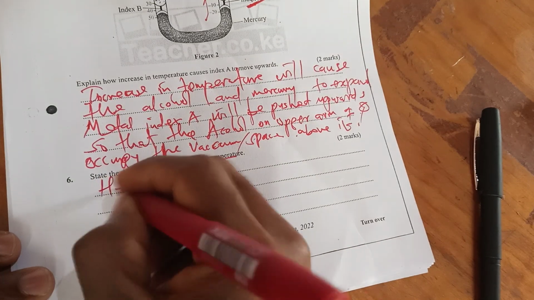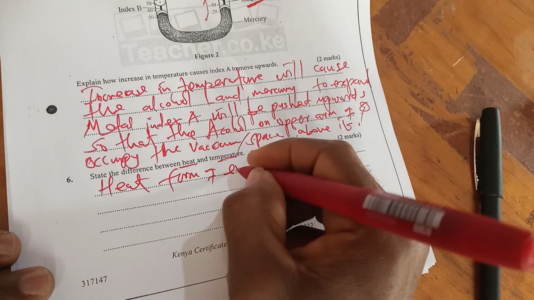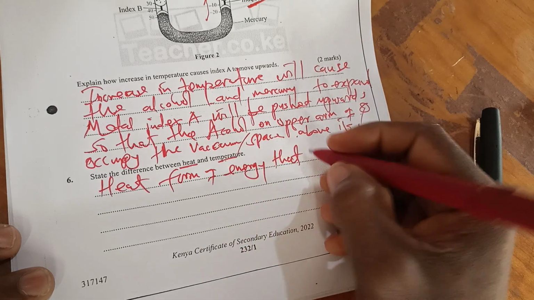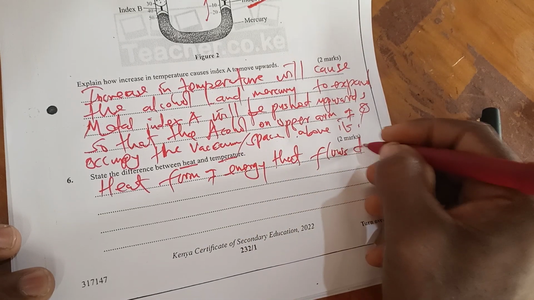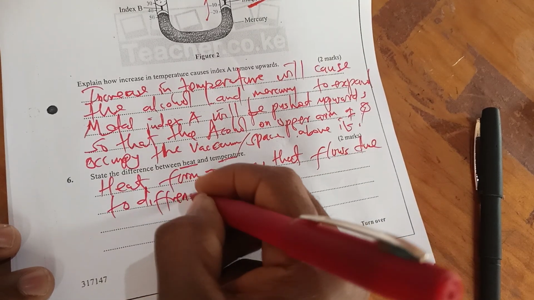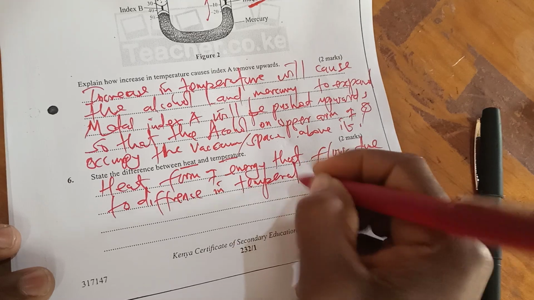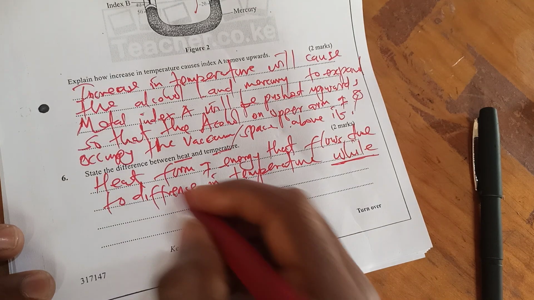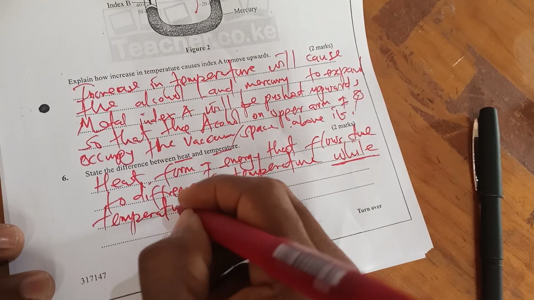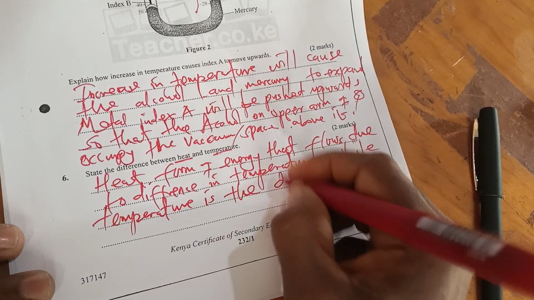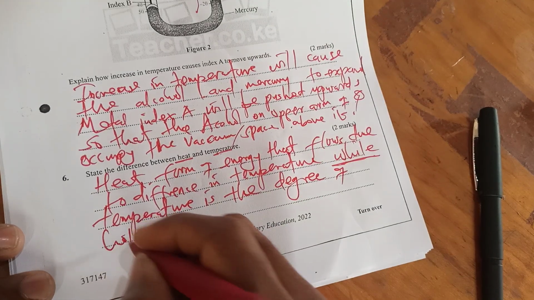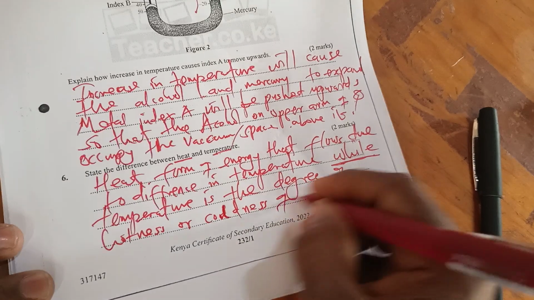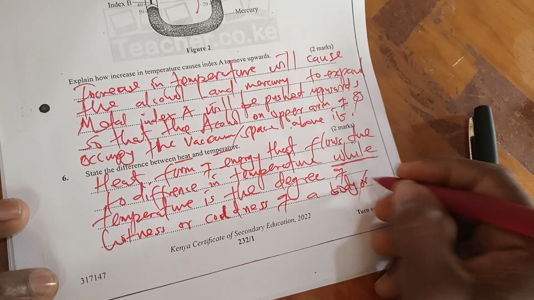As we know, heat is a form of energy that flows due to a difference in temperature, while, because you are differentiating, you should use that term 'while' to show the difference, temperature is the degree of hotness or coldness of a body or place.